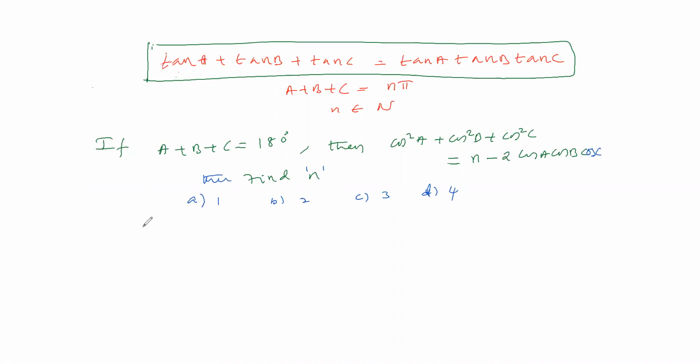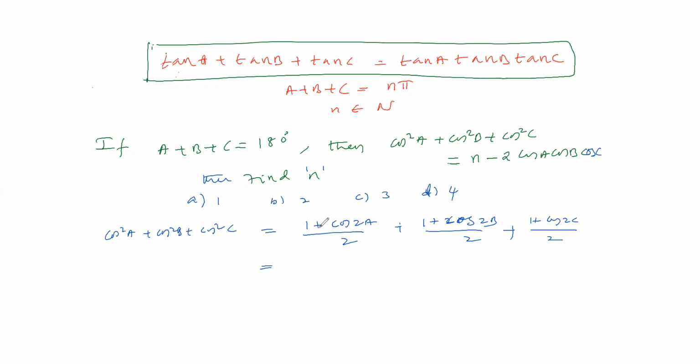Let us solve this one. Take the left side of this expression, cos square a plus cos square b plus cos square c. The formula for cos square theta is (1 plus cos 2 theta) by 2. Similarly for cos square b, (1 plus cos 2b) by 2, and for cos square c, (1 plus cos 2c) by 2.